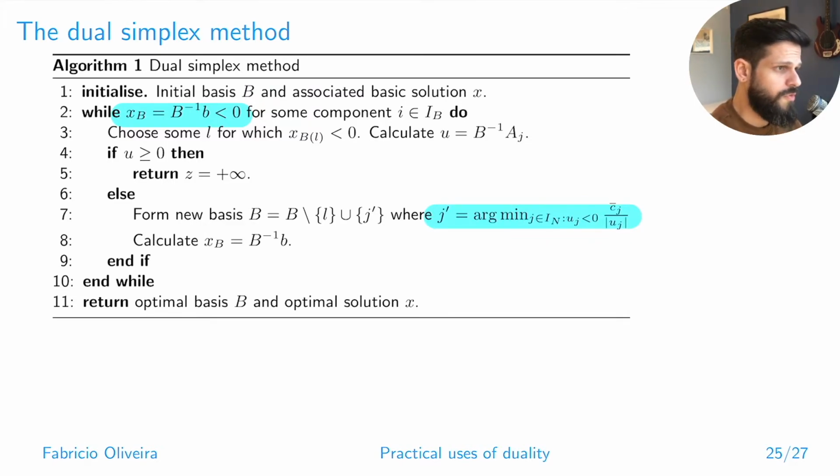And I'm overloading this word "form new basis B", because to form new basis B truly means get whatever representation you have of your B-1 matrix and update it. Or if you're using tableaus, you update your tableau accordingly. So this is overloaded in the word "form". It's implicit in the word "form", the new basis. Okay.